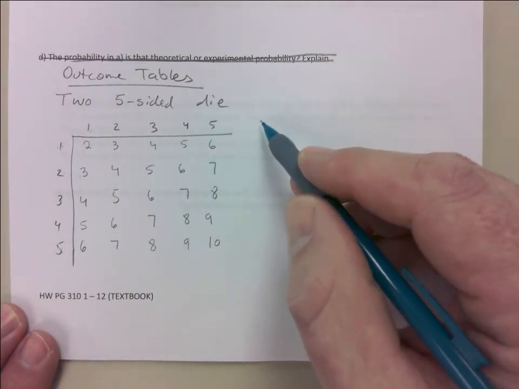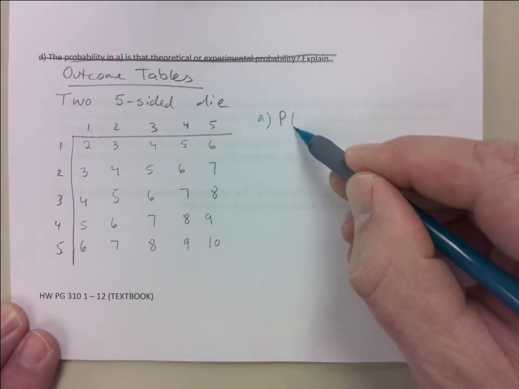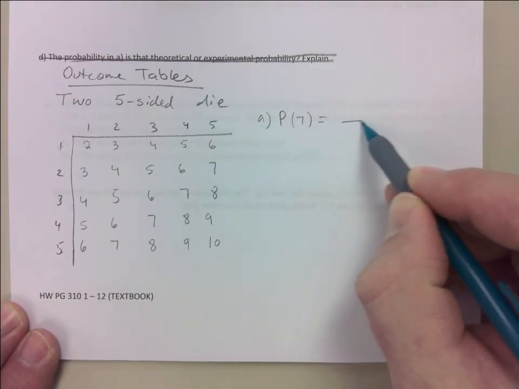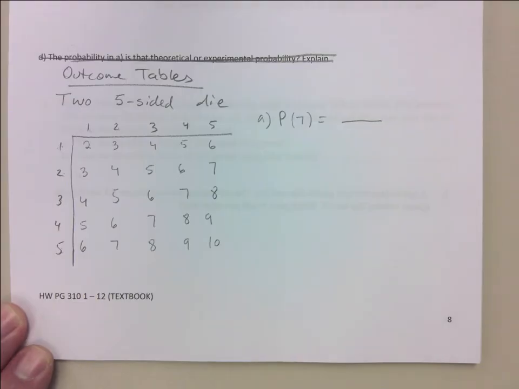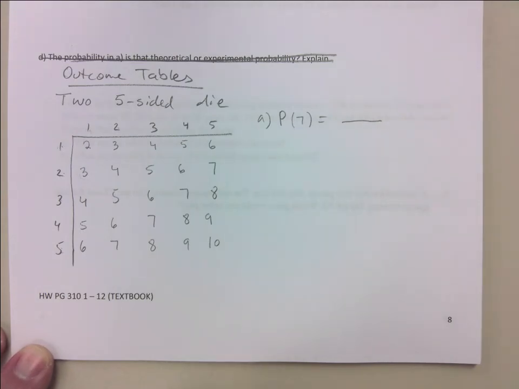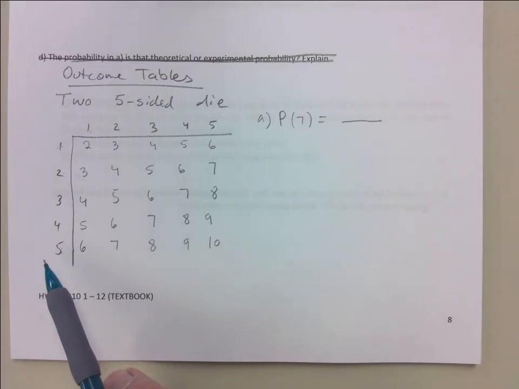If I asked you, what's the probability of rolling a 7? What would you say based on your outcome table? How many possible sums do we have? 5 times 5. Do you remember? Like, if I asked you for chapter 4, if you roll two die one after the other, how many outcomes are there?